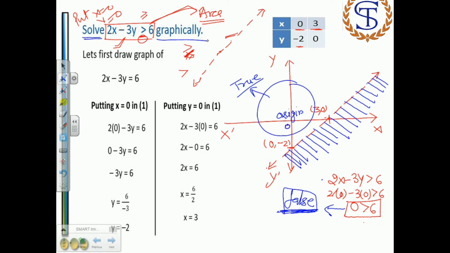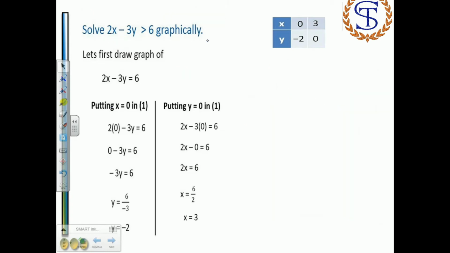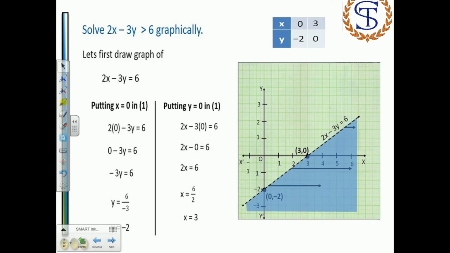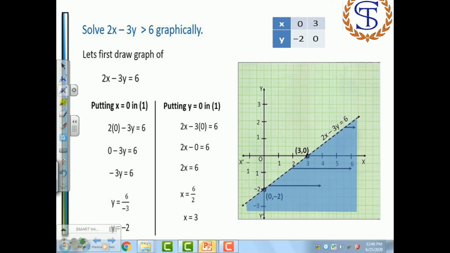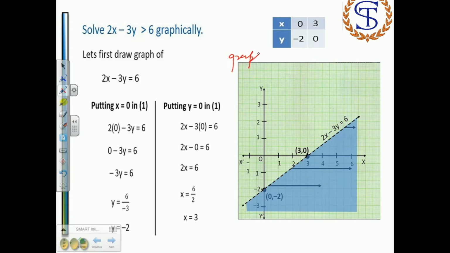And the solution which we can represent on the graph is in this way. This is the solution of the linear inequality graphically. Here it is the line and this is the portion. Okay? Why are we shading this portion? Because when we put the coordinates of this origin, it is x, it is y.